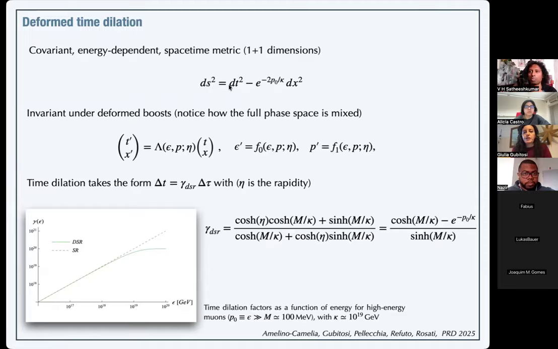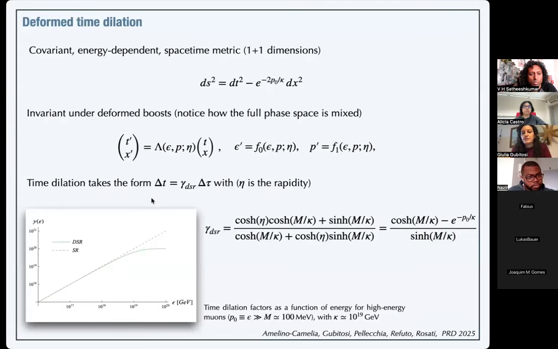And using this, you can compute, for example, the effect of time dilation. That is a very standard computation in special relativity. And you will see that you can still write time dilation in the standard form, so through some gamma factor. However, the gamma factor has a slightly different dependence on the mass and the energy of the particle that is being boosted. Okay.